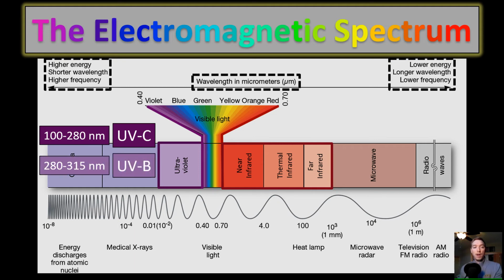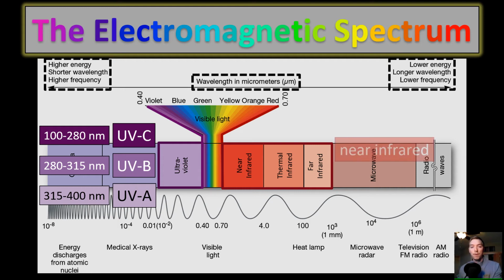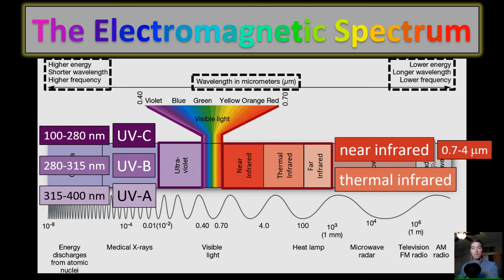We have UVB, which is around 280 to 315 nanometers. And then we have UVA, which is between 315 and 400 nanometers. On the near infrared side of things, that is roughly between 0.7 and 4 micrometers. Thermal infrared is between 4 and 100 micrometers.